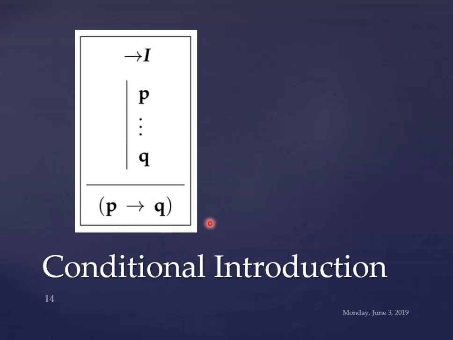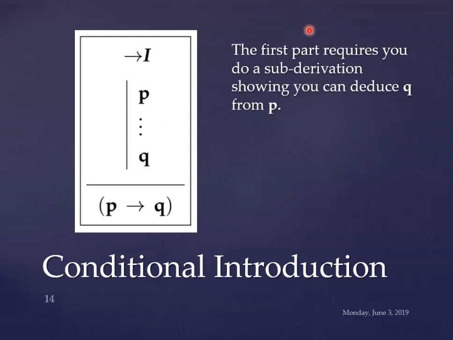Now how do I create something that looks like P arrow Q? Well, I start a subderivation and I assume that P is true, and then try to derive Q. So the first part of this rule, above the line, requires me to do a subderivation showing that I can deduce Q from P. Q is what's on the last line of my subderivation, and I get that from my assumption.